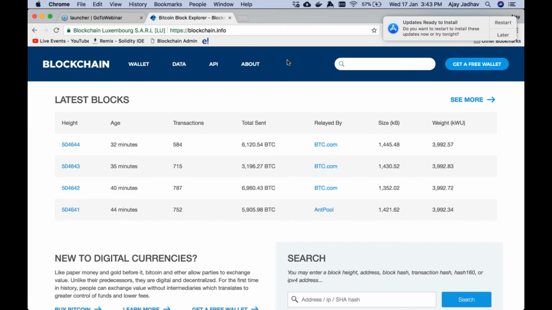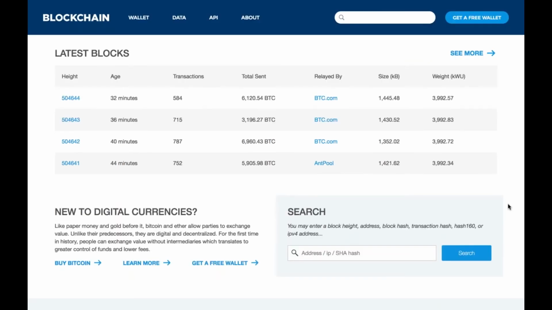This block was mined by a mining pool called btc.com, and there's a size and weight of the block. So I can open a certain block by clicking on the block number, and I can see all the block details. So how many transactions are included in this block? There are 584. Every block has its identifier called hash.